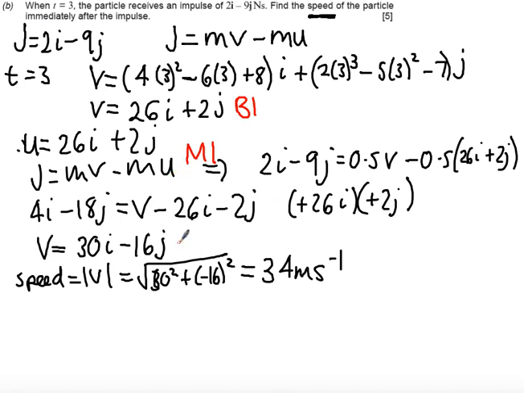There is then a correct answer mark if you have worked down to find that the velocity is 30i minus 16j. Finally, remembering that the speed is the magnitude of that velocity, you get a method mark for doing the modulus of that vector, and you get an answer mark for the correct answer only if you've got 34 meters a second. I hope that all made sense and you understood that question.